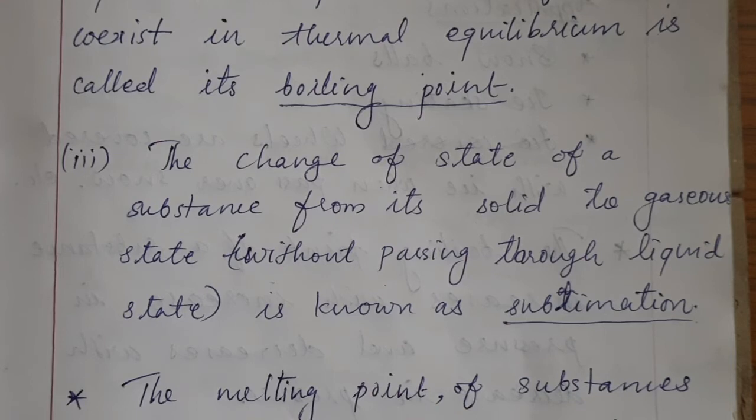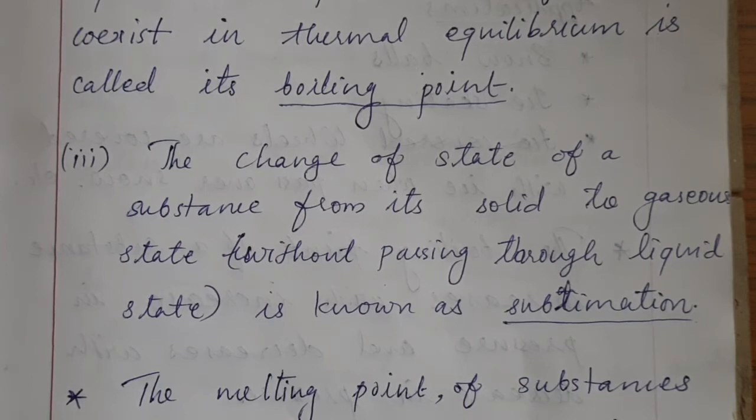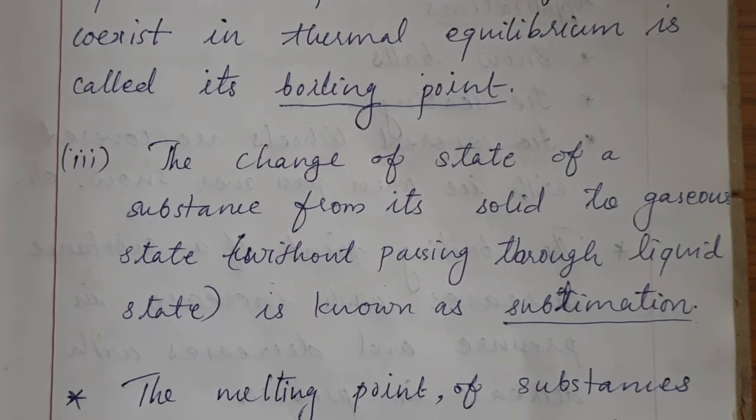So this camphor is changing its state from solid to gaseous state. There is no liquid state in between, directly it goes from solid to gaseous state. This process is called sublimation.